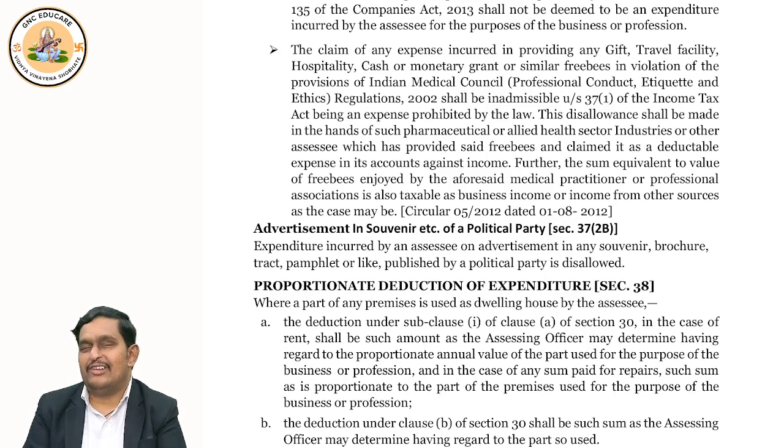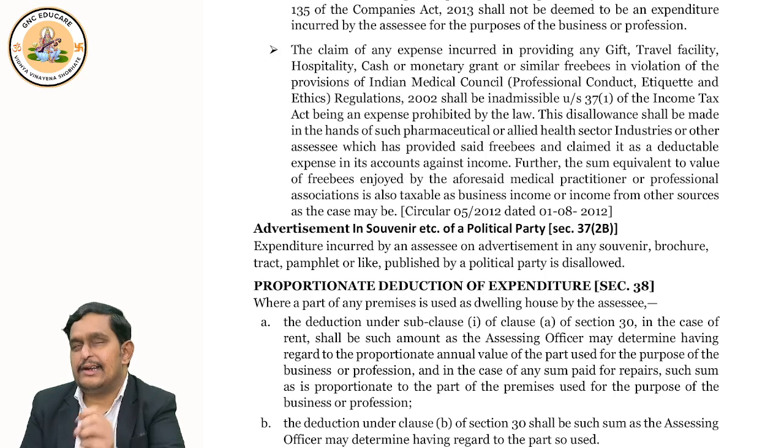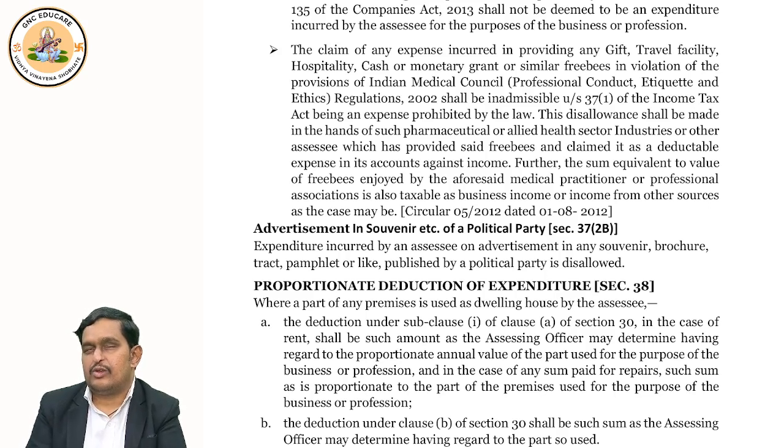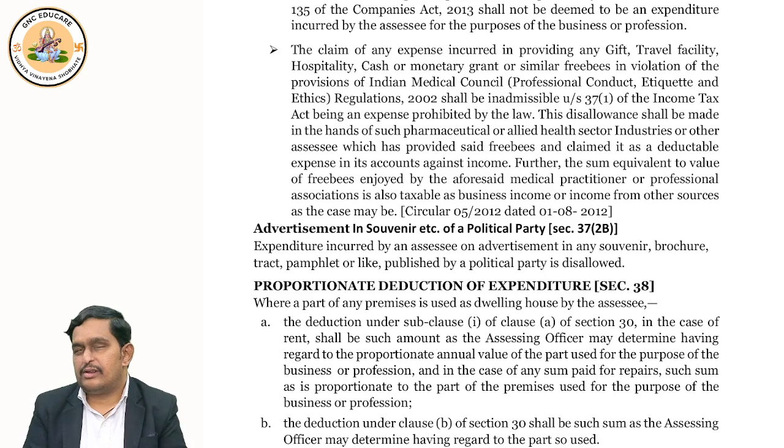Okay. Now let's come to the last part, and I already taught this to you. If suppose part of the expenditure is for personal and part of the expenditure is for business, then section 38 says proportionate deduction. So only expenditure pertaining to business portion will be allowed as deduction.